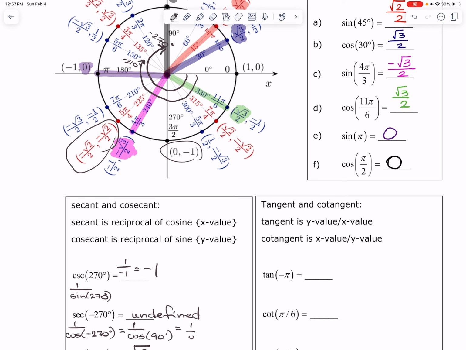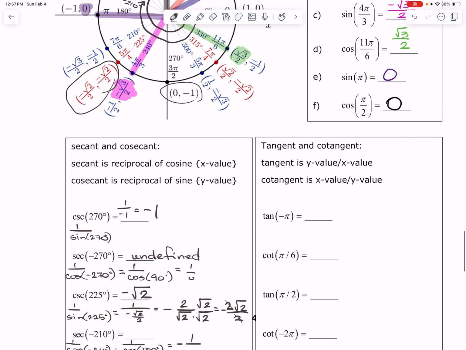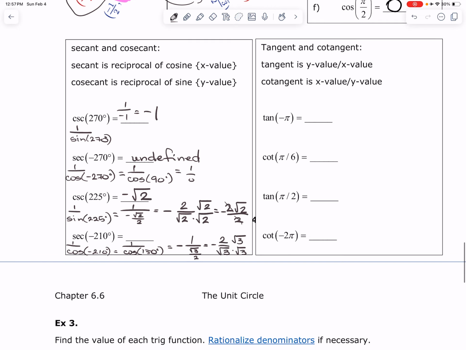So my negative 210 degrees is the same as 150. We are in the second quadrant, so our cosine is negative. I got negative 1 over negative square root of 3 over 2. Negative 2 over the square root of 3. Again, we are rationalizing. And I get negative 2 square roots of 3 over 3.